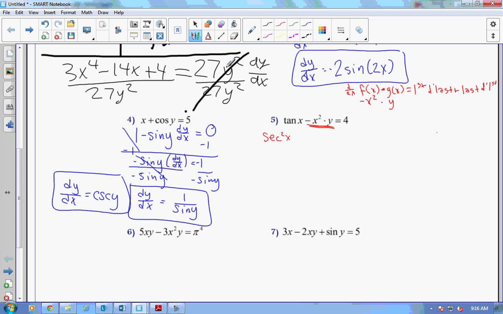So first is negative x squared. D last, what's the derivative of the last? 1 dy dx, which I can just put dy dx. Plus last, what was the last piece? Y. D first, the derivative of negative x squared. Negative 2x equals the derivative of 4, which is 0. Any questions on that part?